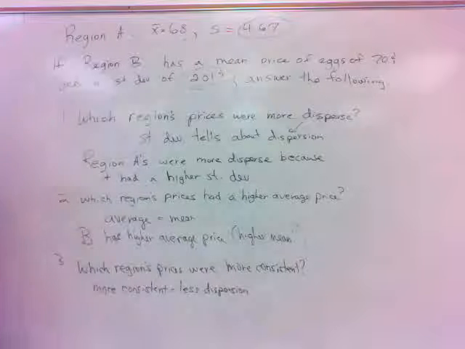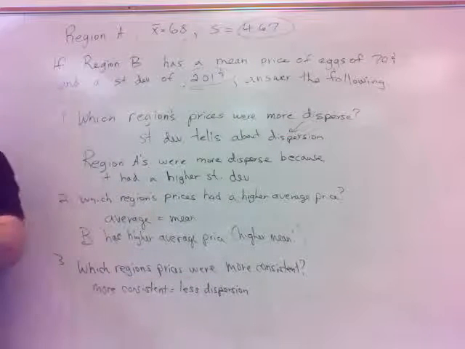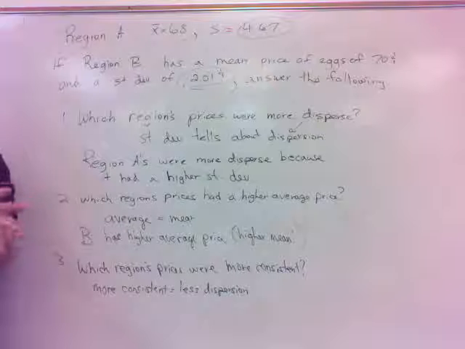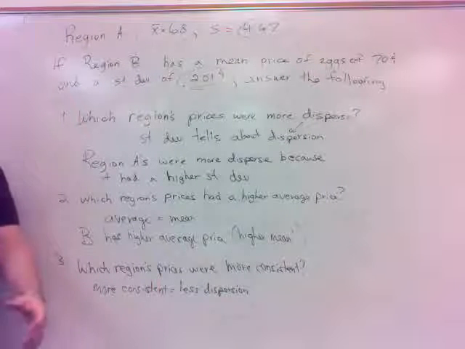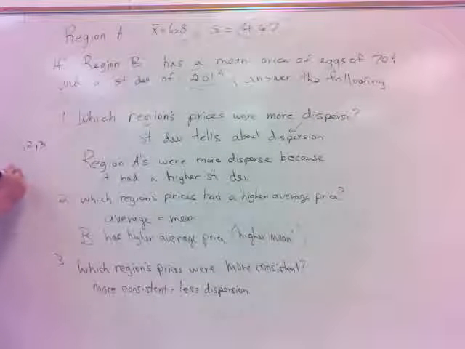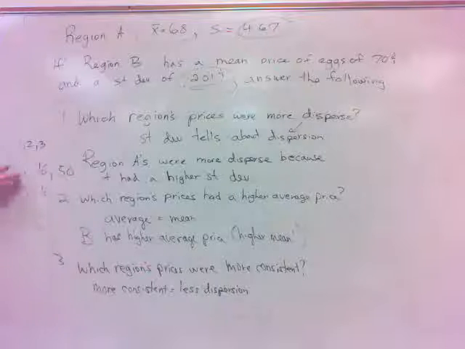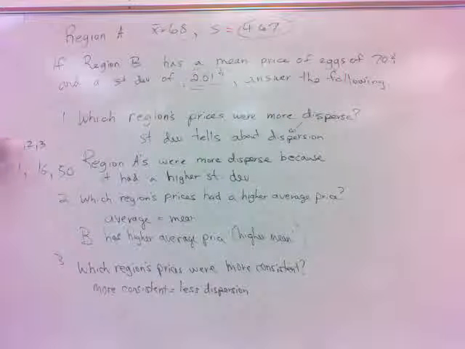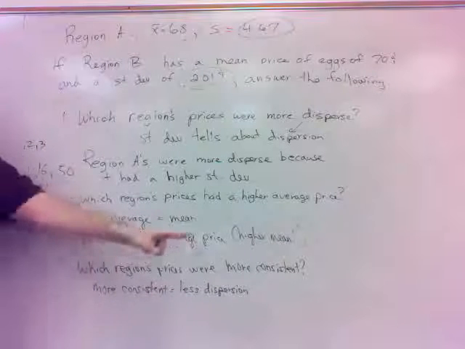Consistency means less dispersion. They're not as spread out. If something's more consistent than something else, it's less spread out. Okay? So if I had 1, 2, 3, and then I had 1, 16, and 50, which ones are more consistent? It's those, right? Because they're closer together. They're not as dispersed out. So more consistency equals less dispersion.